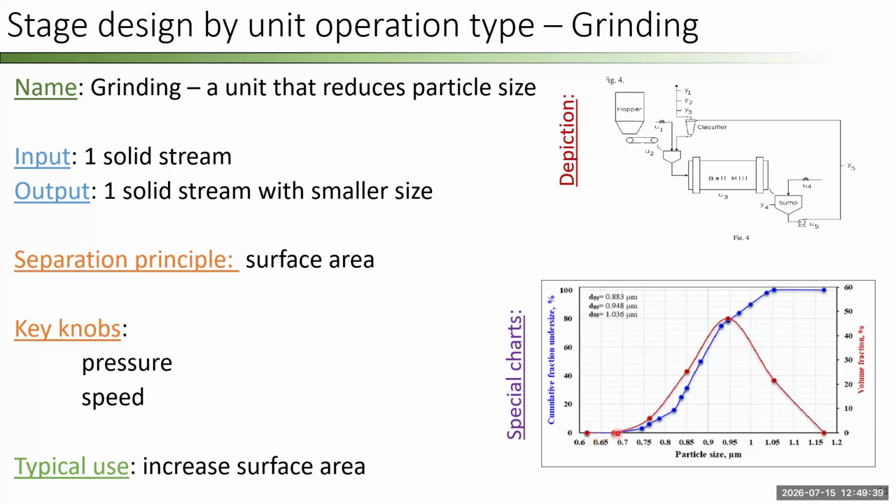And we'll see that ball milling, as you look at this curve, which you'll see with ball milling or any type of grinding or mechanical processing, right? I'm not going to take in a material with a single particle size and end up with a material with a single particle size. I get a distribution, right? So I can see how this distribution is going to change before and after my grinding.